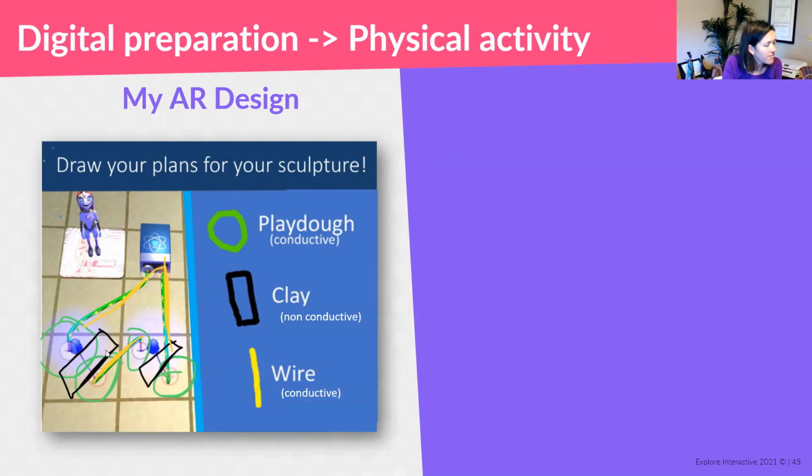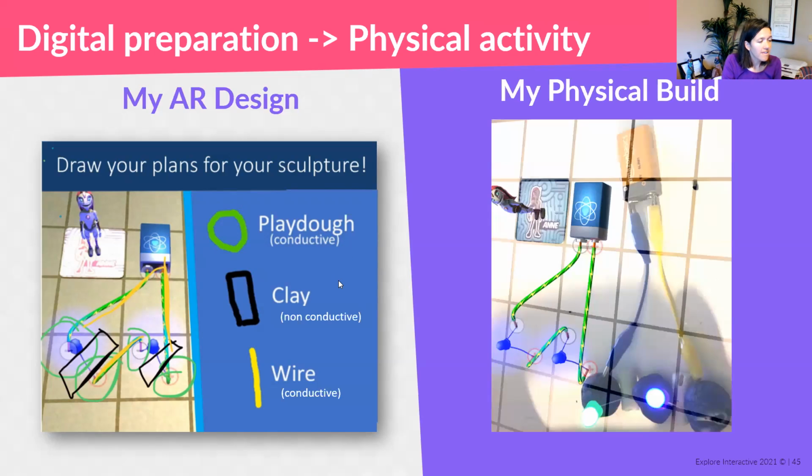I need to make sure I have the non-conductive clay in between those, and then another blob of Play-Doh. If you've done squishy circuits, you'll recognize this element, using clay and Play-Doh as conductive and non-conductive materials for an experiment.